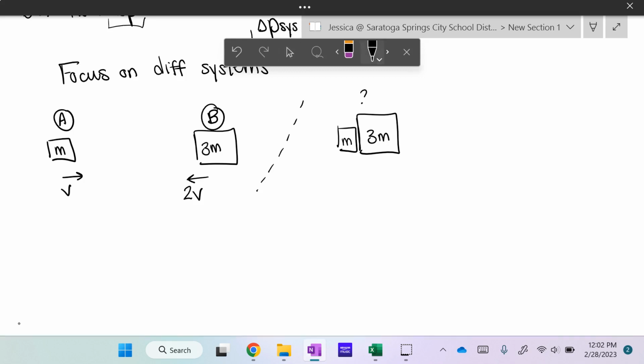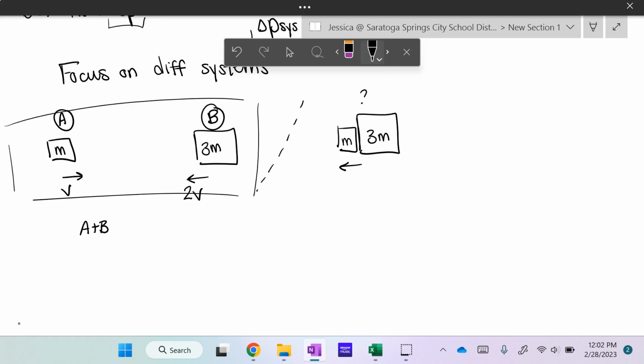So looking at my initial system, it looks like I have more leftward momentum from block B. So I'm going to expect this system to move to the left afterwards to conserve that negative momentum. So if I analyze this as the A plus B system, I'm thinking about this.